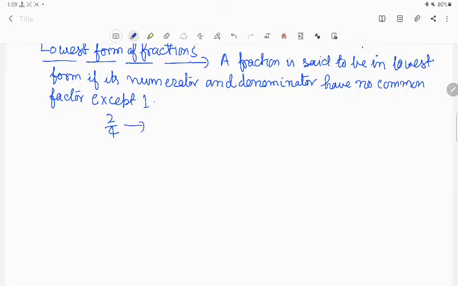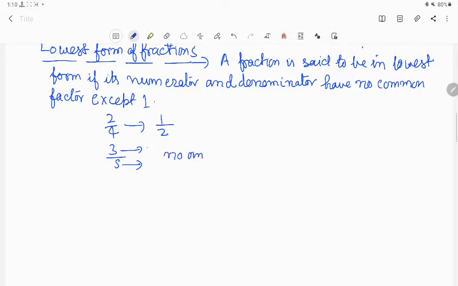If I write it 1 upon 2, there is no common factor between numerator and denominator. Similarly, if 3 by 5 is given, here also there is no common factor in numerator and denominator.